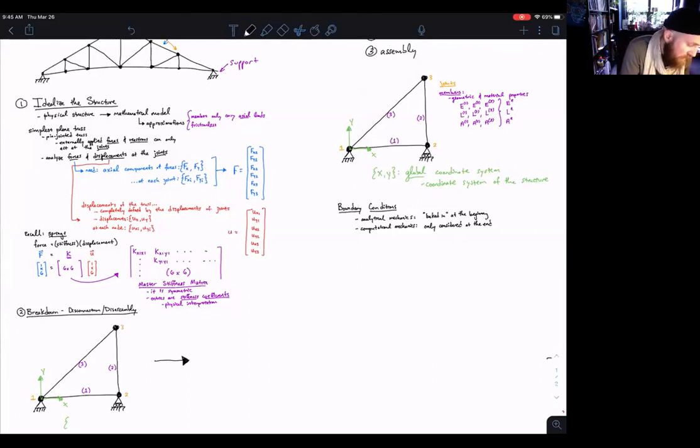So for instance, element 1 can exist independent of element 2, and the same for element or member 3.